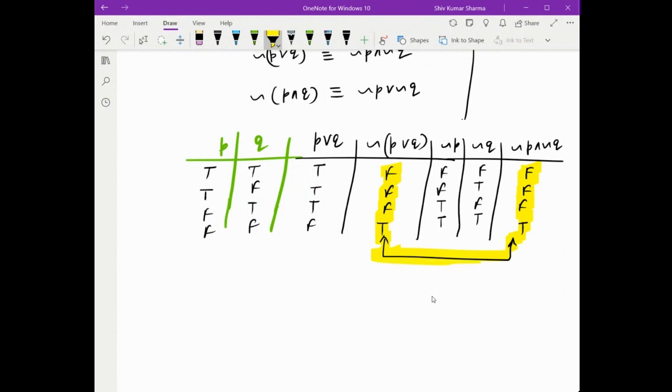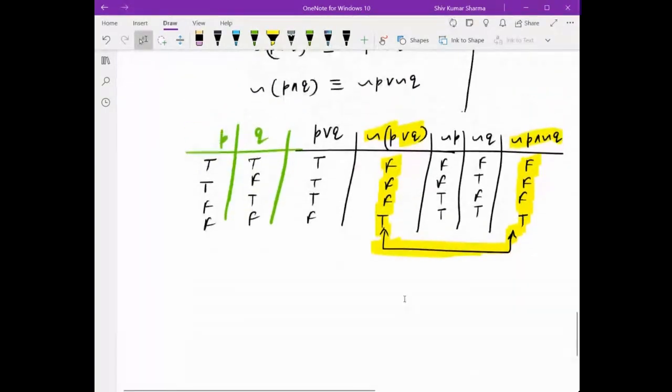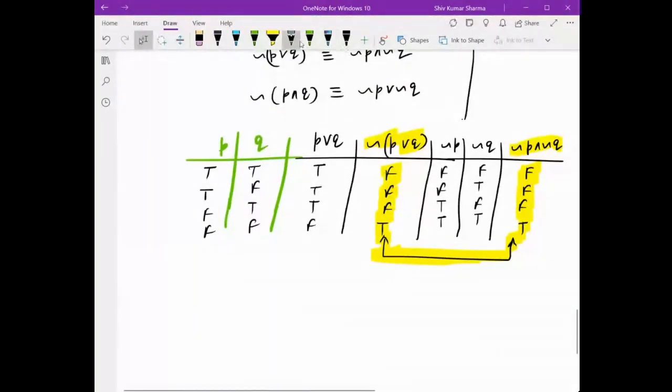Okay. So the second one you can do similarly. All good. Now we move to the next topic.